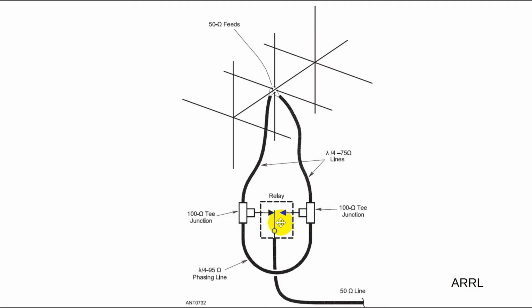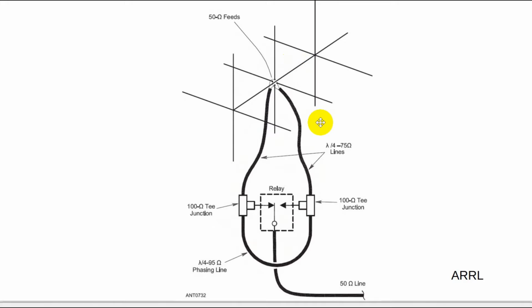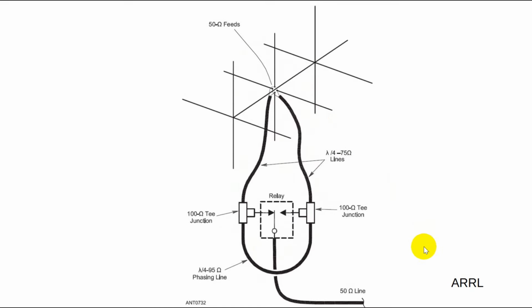Now if you flip the relay over to here, now you've got a quarter to go here and a quarter and a quarter here, that's half. So you're 90 degrees out of phase with each other, and now this antenna becomes circularly polarized in the other direction. So you could build an antenna like this.